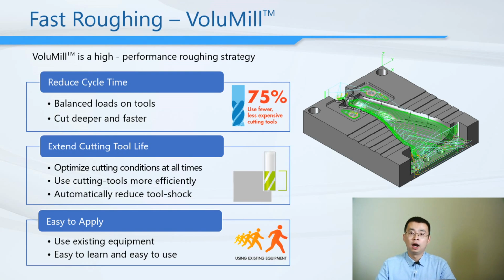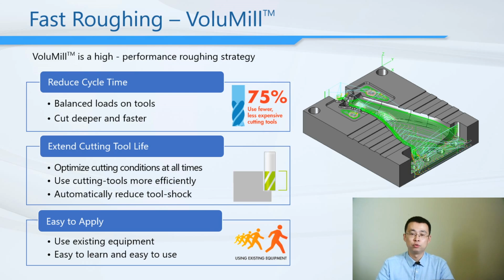Volume mill is a high performance roughing strategy. It is the most efficient roughing strategy. It will dramatically reduce the cycle time by up to 75% because it has very smart and efficient two-pass patterns. It will drive the tool deeper and cut faster under a balanced tool load.